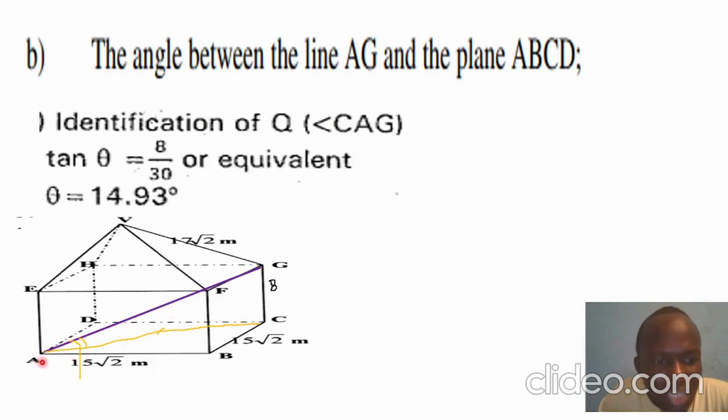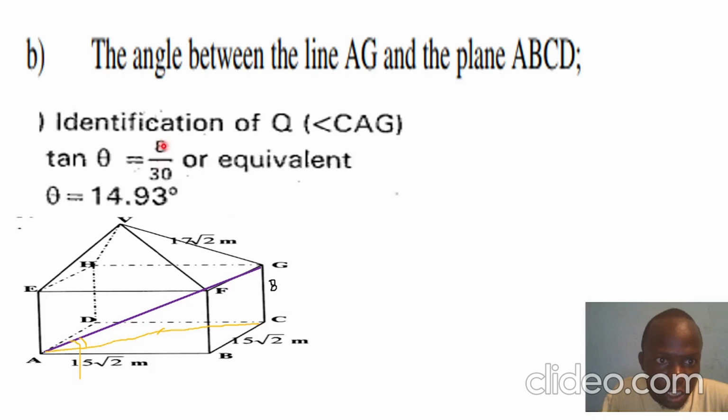Once again, this is another triangle formation, AGC. We have AC already as 30, and we also have GC, so it is very easy to get the angle.